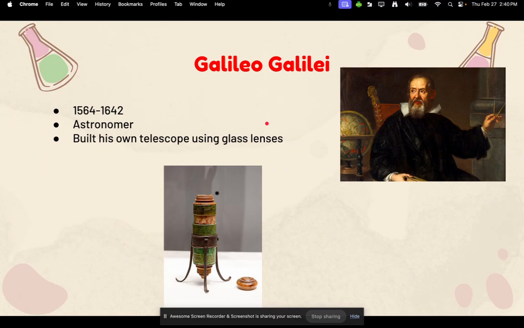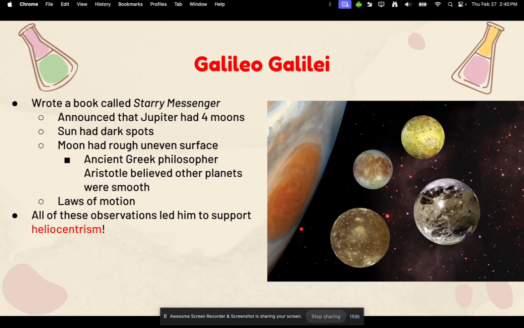All right, then we have Galileo Galilei. He was alive from 1564 to 1642. He was an astronomer and he built his own telescope using glass lenses. Here is what that telescope would have looked like. He also wrote a book called The Starry Messenger. In that book, he announced that Jupiter has 4 moons, the sun had a dark spot, and the moon had a very rough, uneven surface.